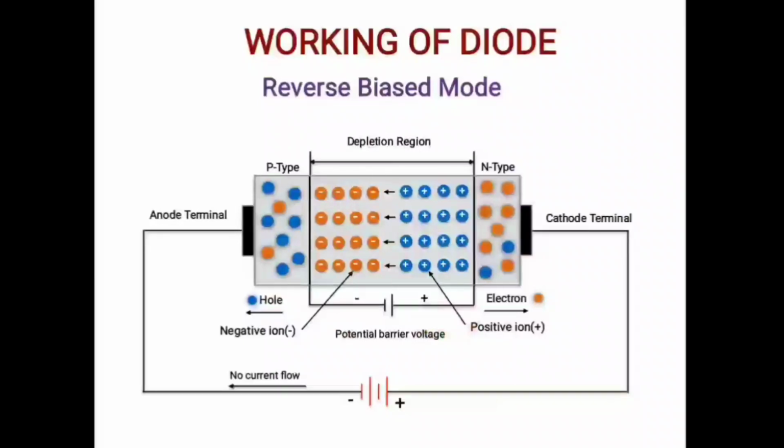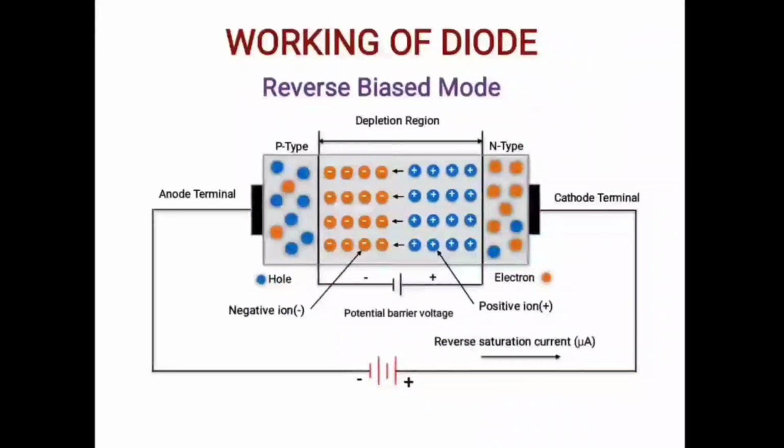So the majority charge carriers cannot overcome this wider depletion region. Due to that, virtually there is no flow of current in the PN junction diode, and it acts like a non-conductor or insulator. But practically, a tiny current will flow in reverse bias mode.